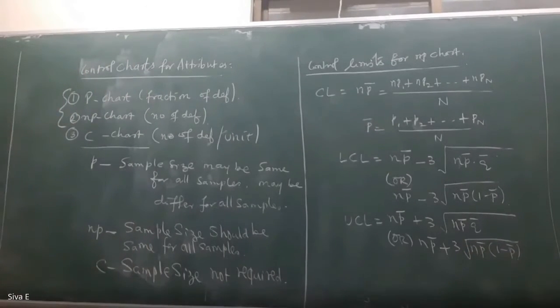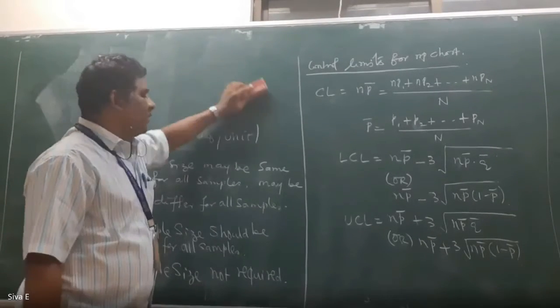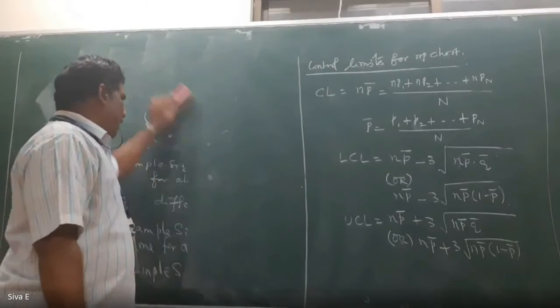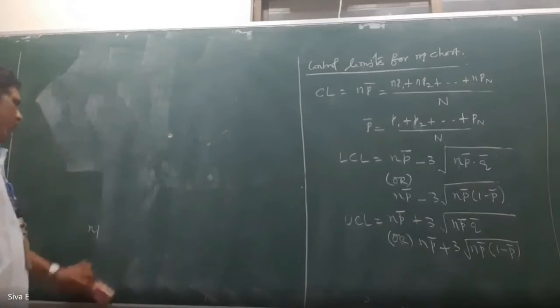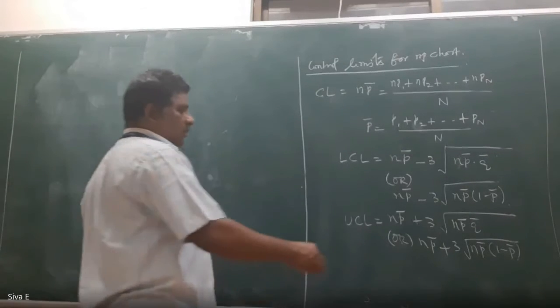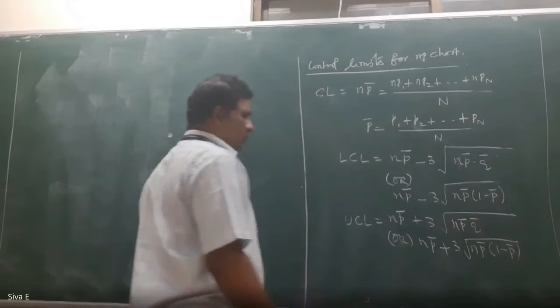See, only for the X bar chart, R chart and S chart, the table value will be recorded, that is, only for control charts for variables. For the control charts for attributes, the table value is not recorded, because in general we are using plus or minus 3 sigma value.